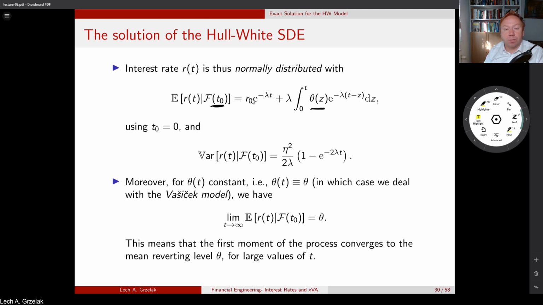If we choose the long-term mean, so if we choose this theta to be constant, then we can nicely see that we actually have the case of the Vasicek model. This is the one that we discussed once we talked about equilibrium models. So these are the ones where we need to calibrate parameters to get our yield curve recovered from the market. So we have to always calibrate. Then we can see that the long-term expectation always converges to the theta t function.